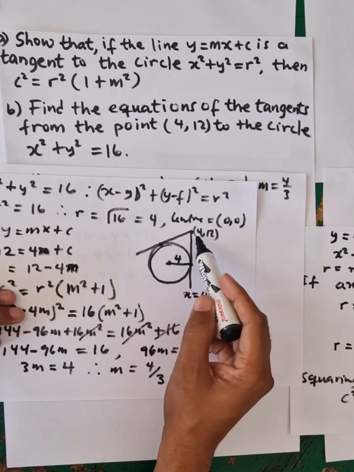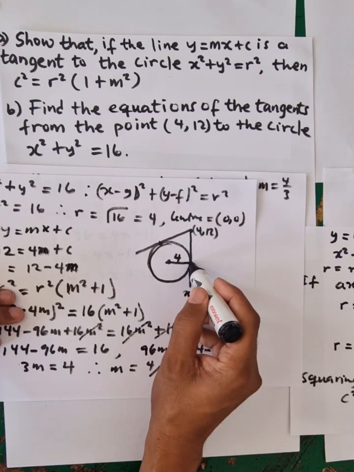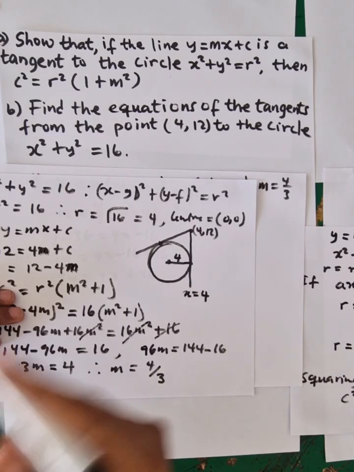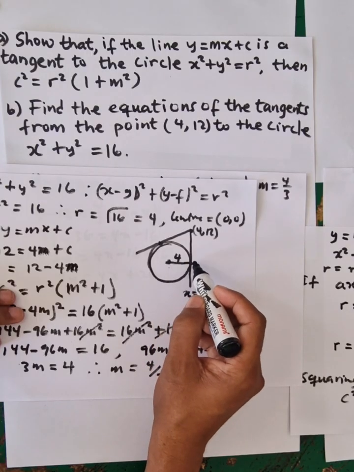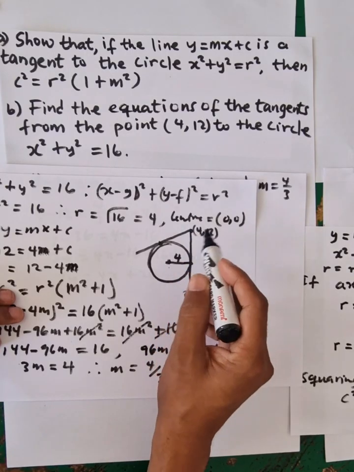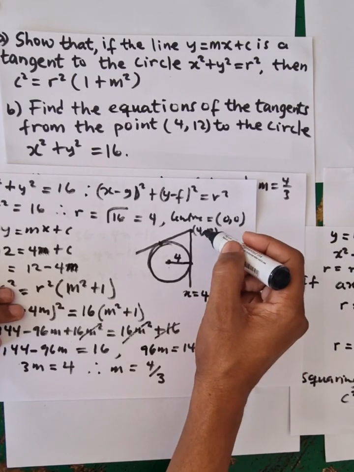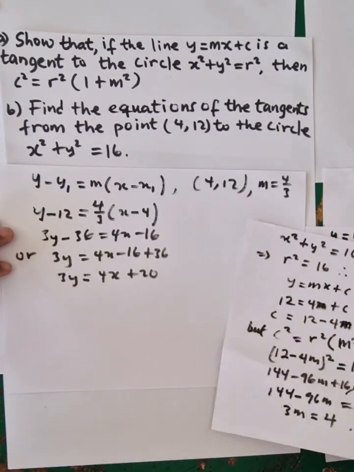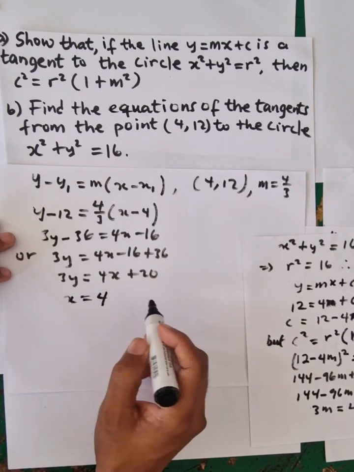That means this point is lying directly on top of the tangent point, the point the tangent makes with the circle. So the radius from the center to this point is perpendicular to the point 4, 12. So our second tangential line is x is equal to 4.